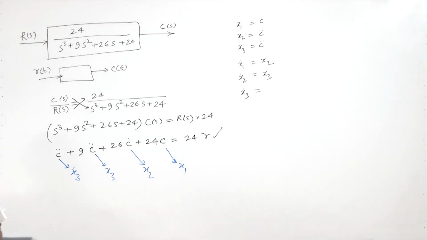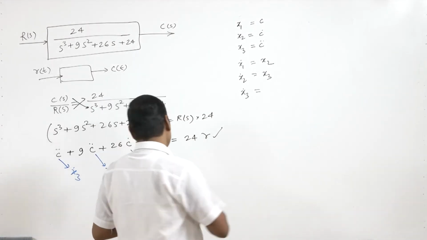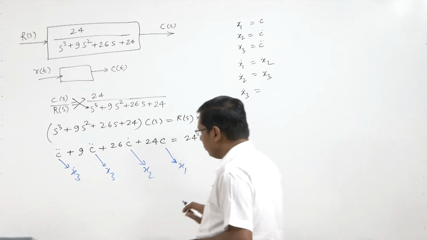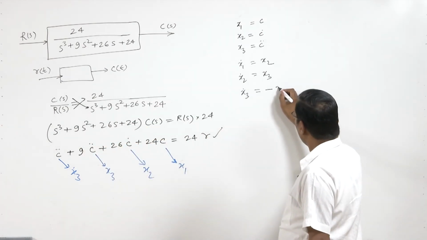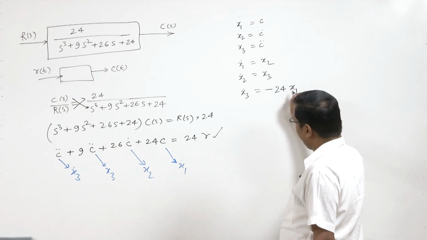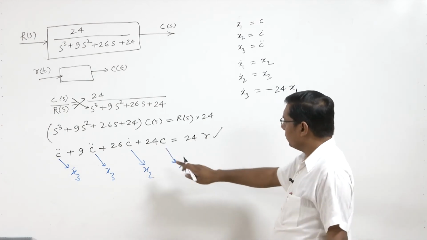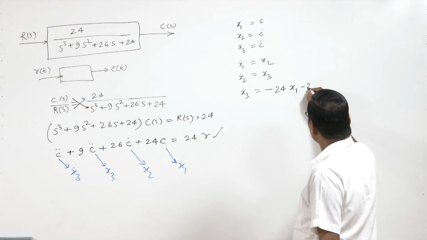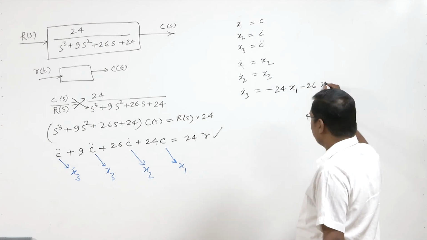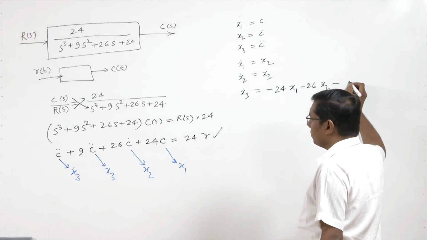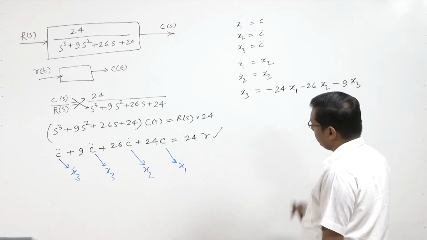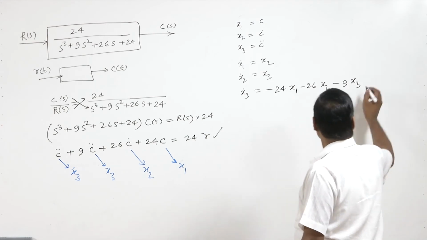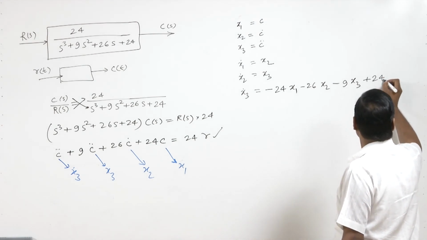So we can write x3 dot equal to minus 24 x1, minus 26 x2, and minus 9 x3, and plus 24 r.